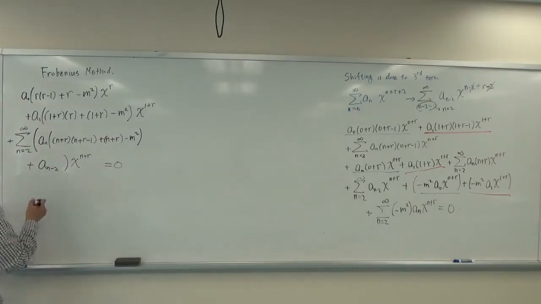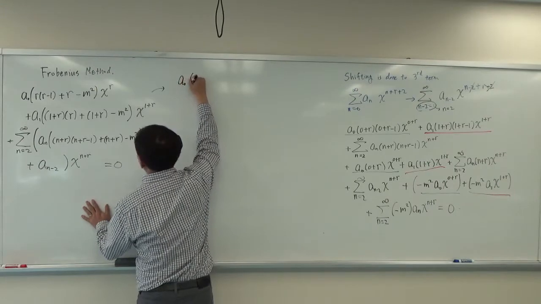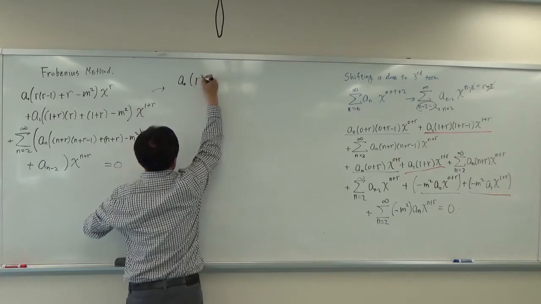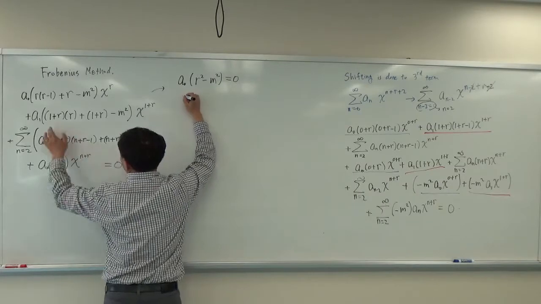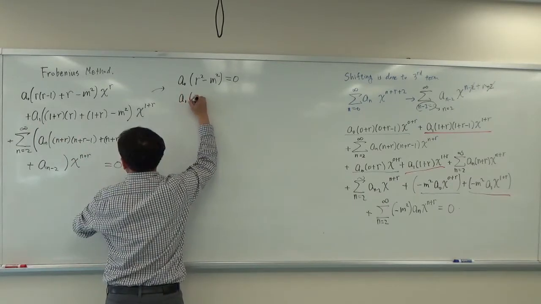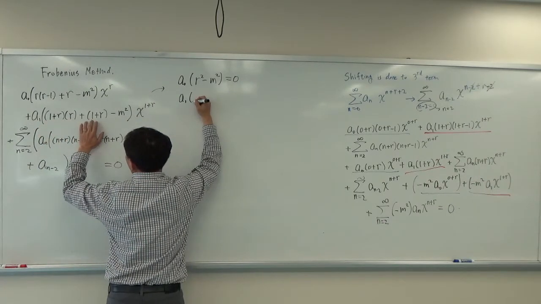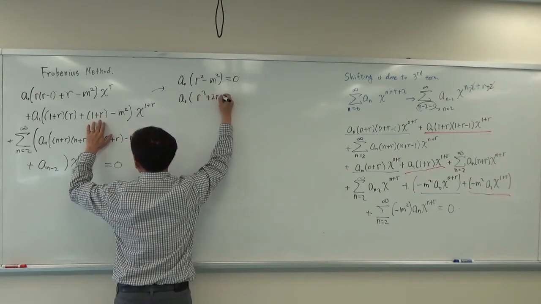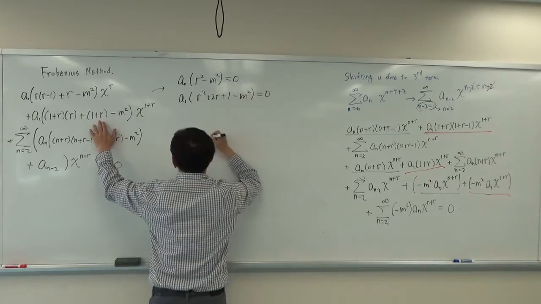Okay, so that means we have several things that are 0. I know that a0 times r squared minus r plus r is just r squared, so r squared minus m squared has to be 0. And then a1, that's r squared plus r, 1 plus r, so that's r squared plus 2r plus 1 minus m squared equals 0.